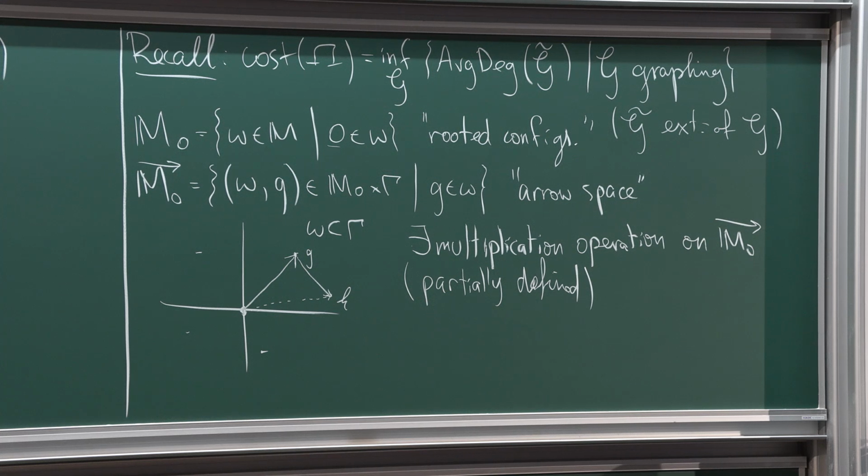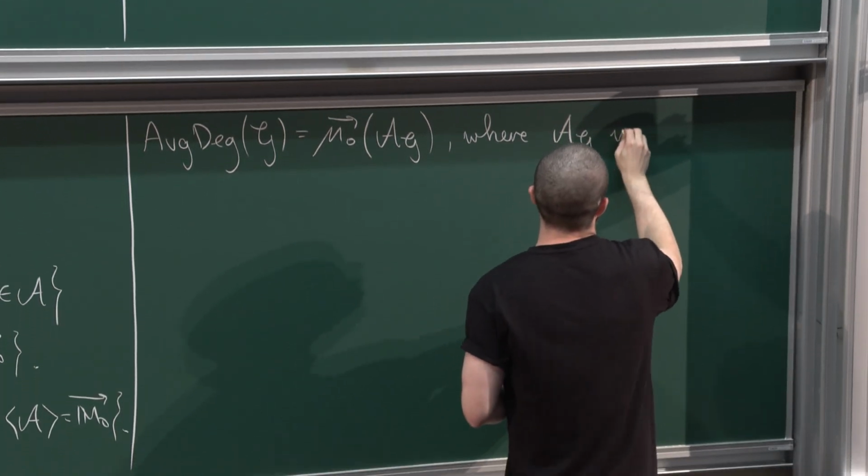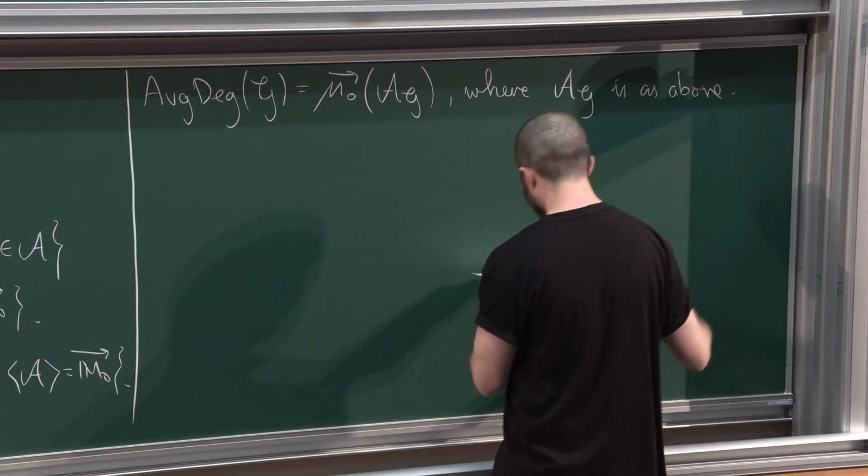So mu0 with an arrow on top of the corresponding subset AG, where AG is as above, so below.